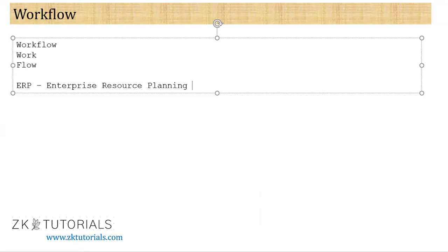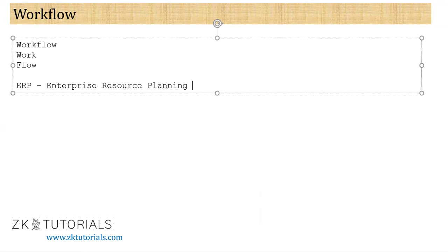All these departments are connected to each other through some software. What is that software? The ERP software, which integrates all these departments together by means of some hardware and software. So that's what an ERP is.